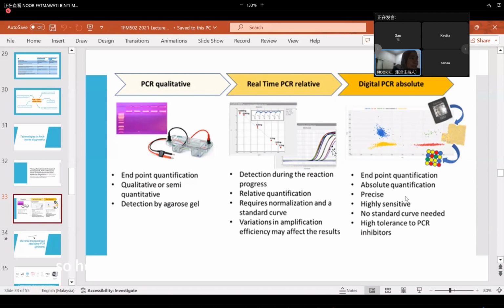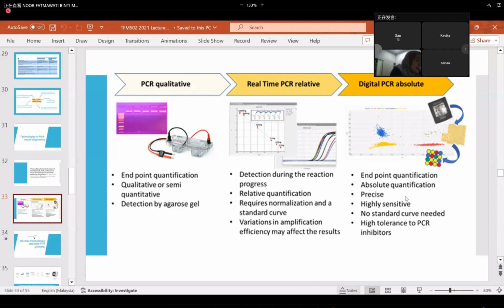So here is the amplification. You can see when I move this? Yes. So usually when you run your sample together with your standard curve, the size between the first amplification and the second one, the standard curve with the serial dilution, you will have similar size.